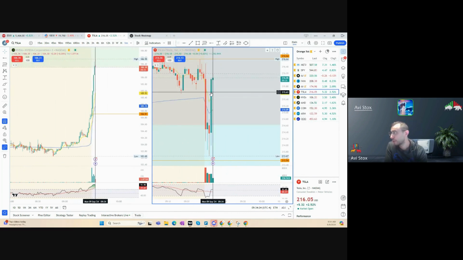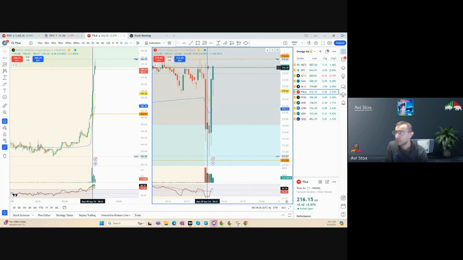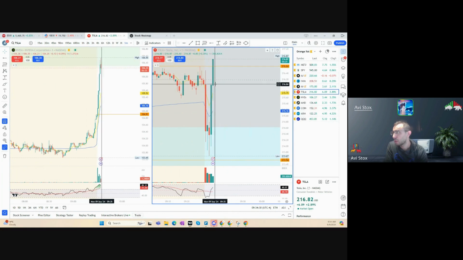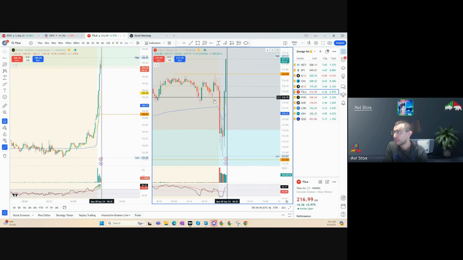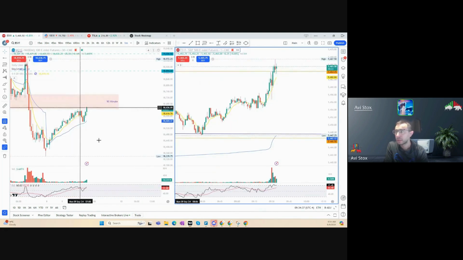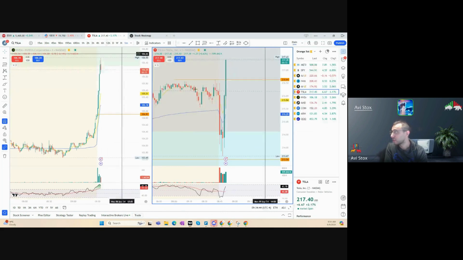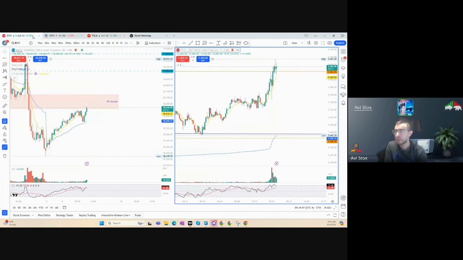This is the 5th minute. Ooh, that's crazy. Wow, you can see the retest from above 103, and potentially it will go higher.